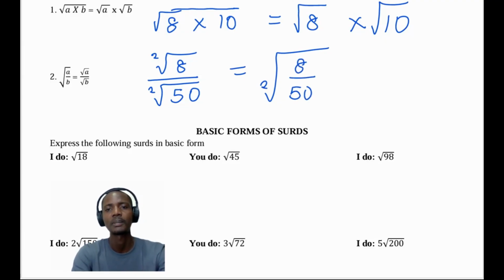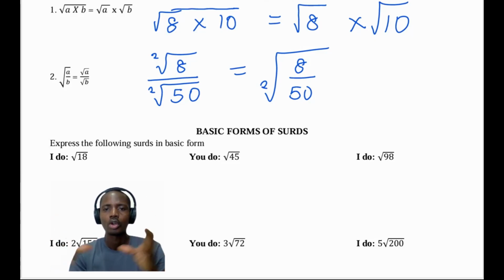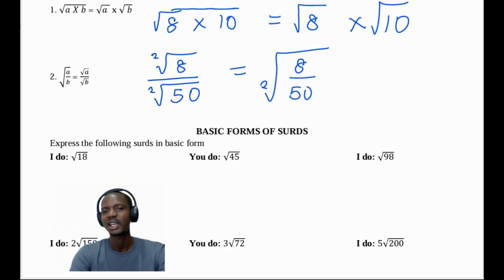We'll look at this shortly. So with this, you can see where I have the roots separately. I decide to combine the numbers under the root because I can further simplify this. This can be divided by 2, this can be divided by 2. So I have 4 over 25.